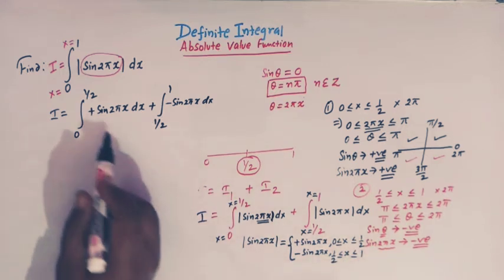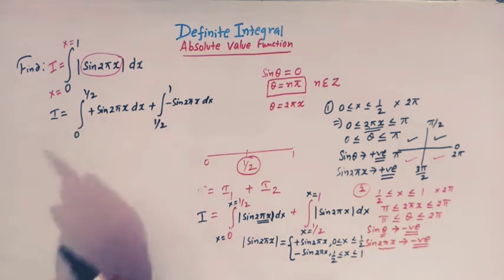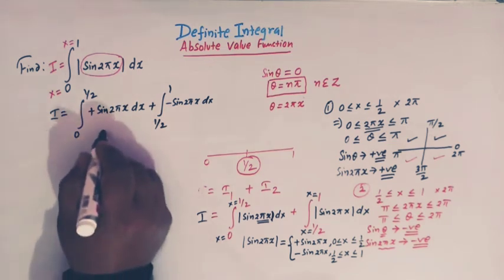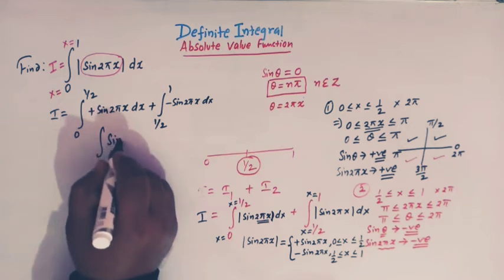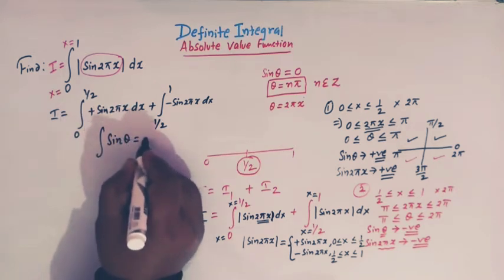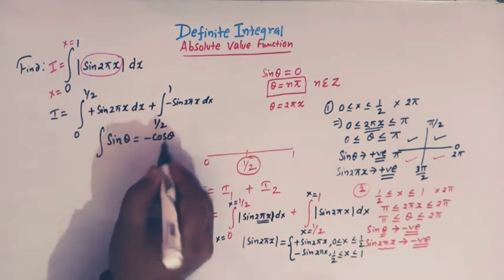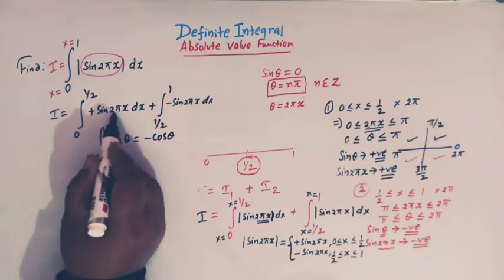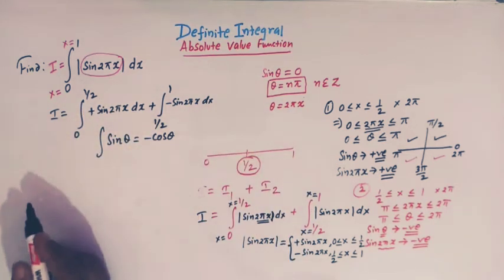Now we have two simple integrals, and we know that the integral of sine theta is minus cos theta. Here theta is 2 pi x.